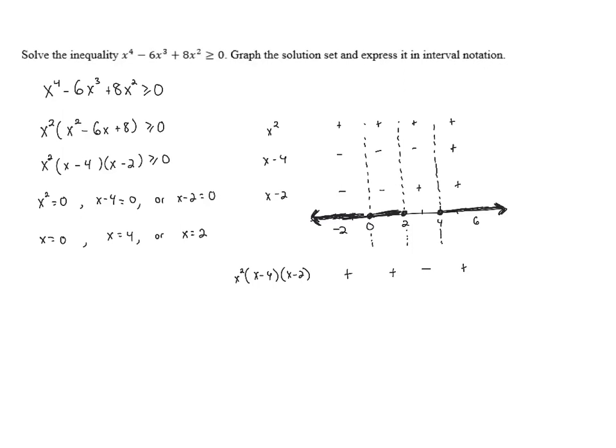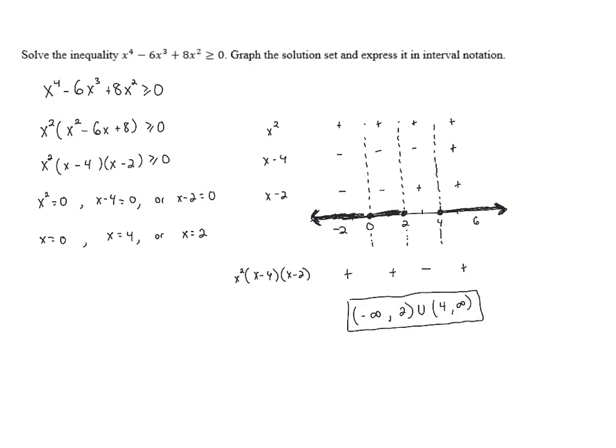So we have, for our solution, from -infinity all the way up to 2, and then union the interval from 4 to infinity, and that is where our expression is going to end up being greater than or equal to 0.